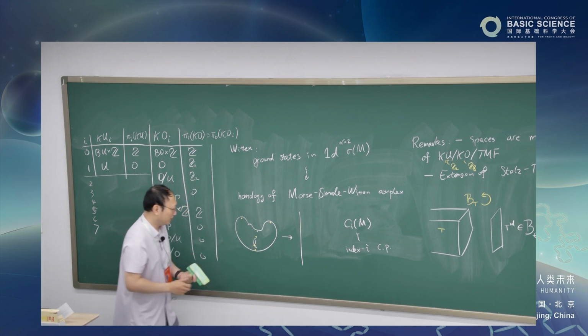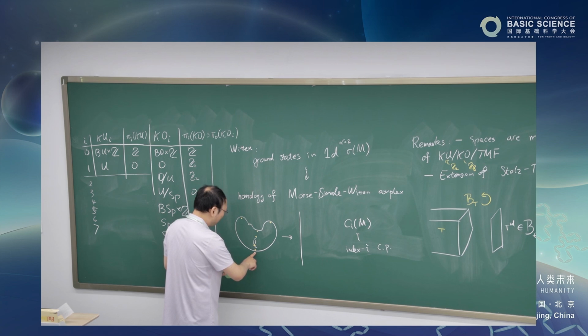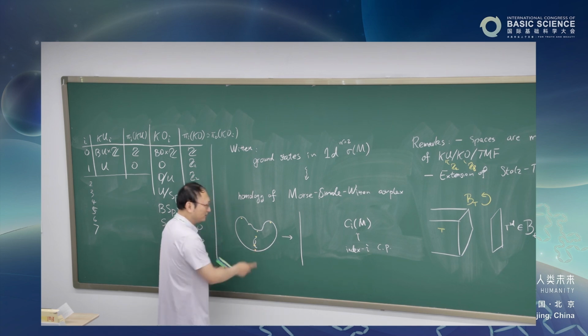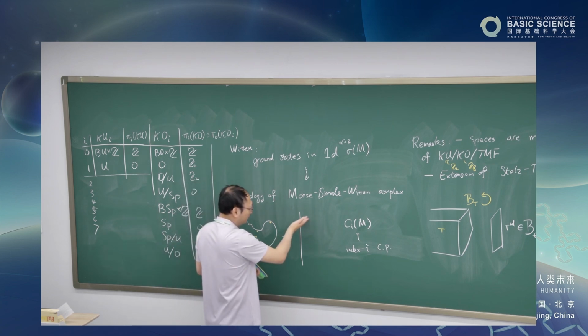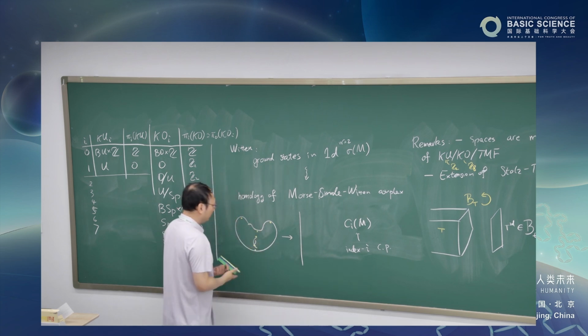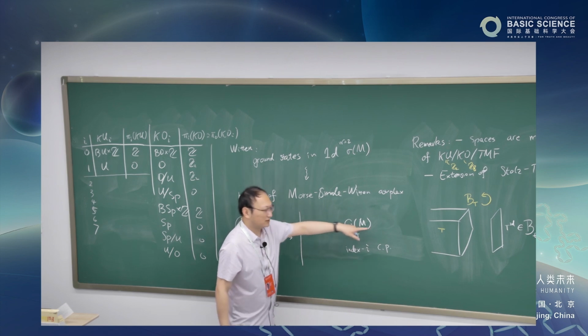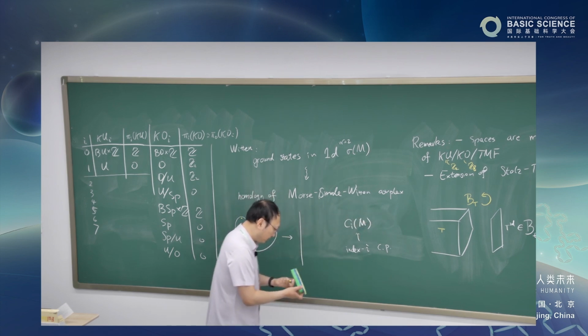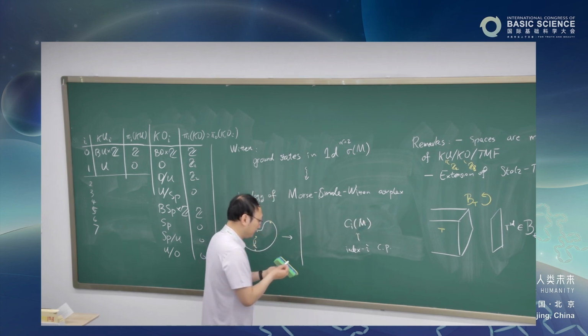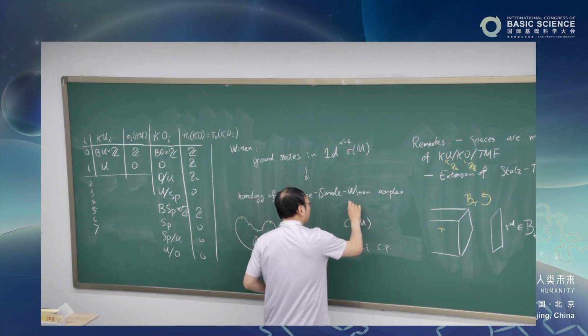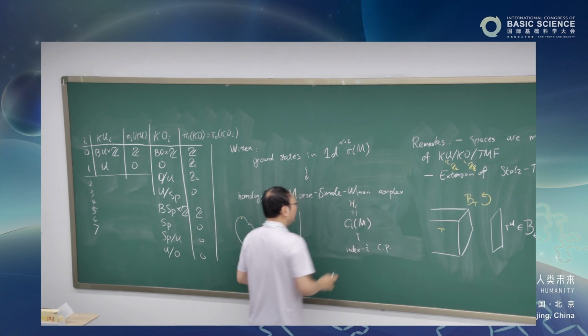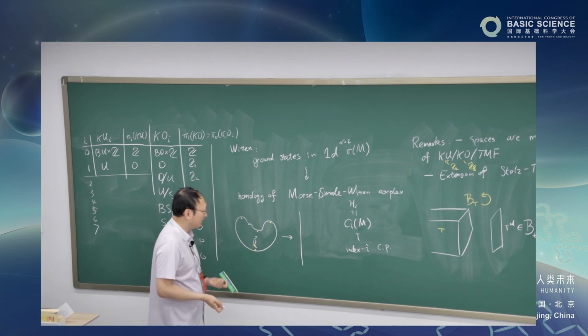So here, there's a critical point of index 0. That's a generator for C0. And for each critical point, that generates a factor in this. So that's the perturbative ground states with fermion number I.